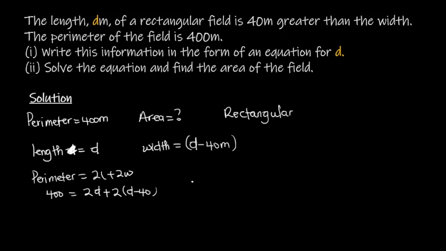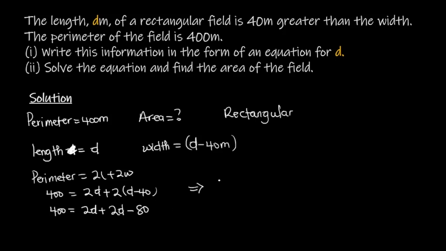So this becomes our equation. From here we can proceed to solve the problem. So we have 400 is equal to 2d plus 2 multiplied by d gives us 2d, minus 2 multiplied by 40 gives us 80.